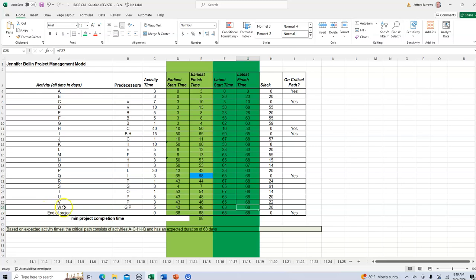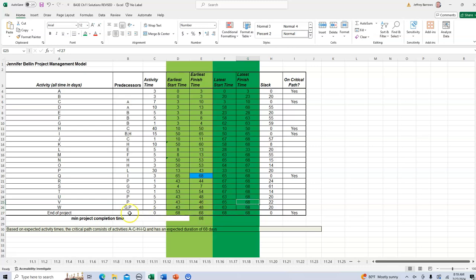And since it is the last activity in the project, I'm going to simply subtract the activity time of 5 days. So W can finish on day 68. It must start on day 63. Then I'm going to look at activity V.